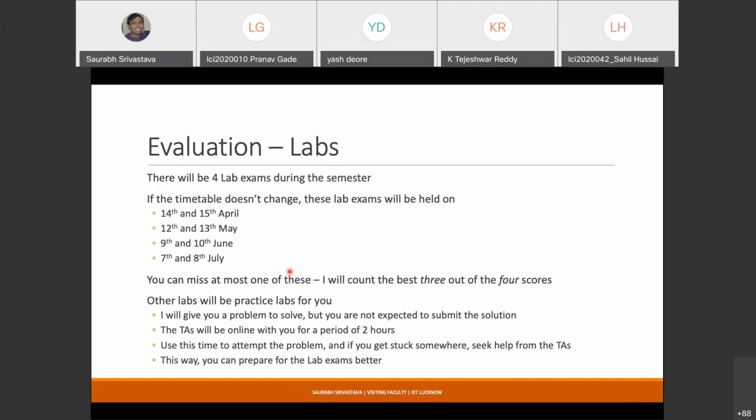The other labs that you will have will basically be practice labs. I will give you a problem, but it's not necessary for you. Because I know many of you are already good enough in C++, that is just a kind of time wasting activity for you.